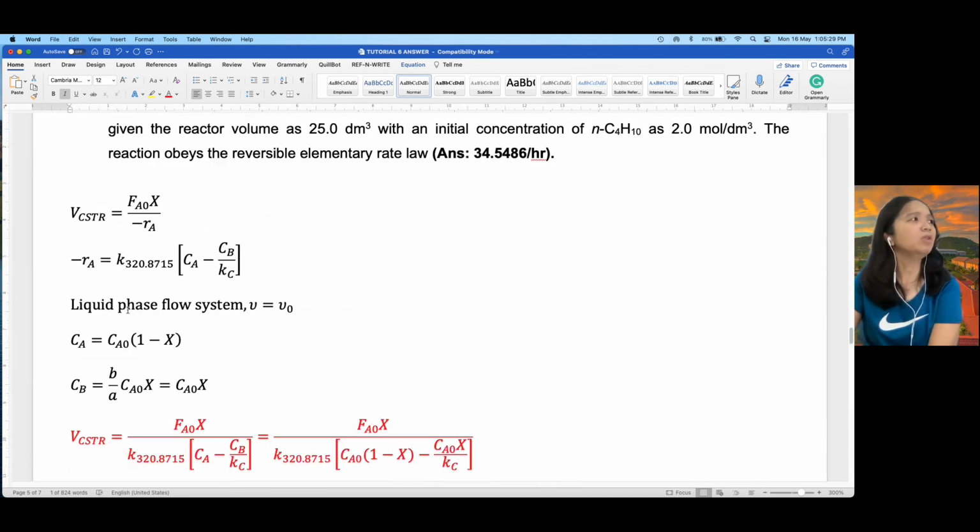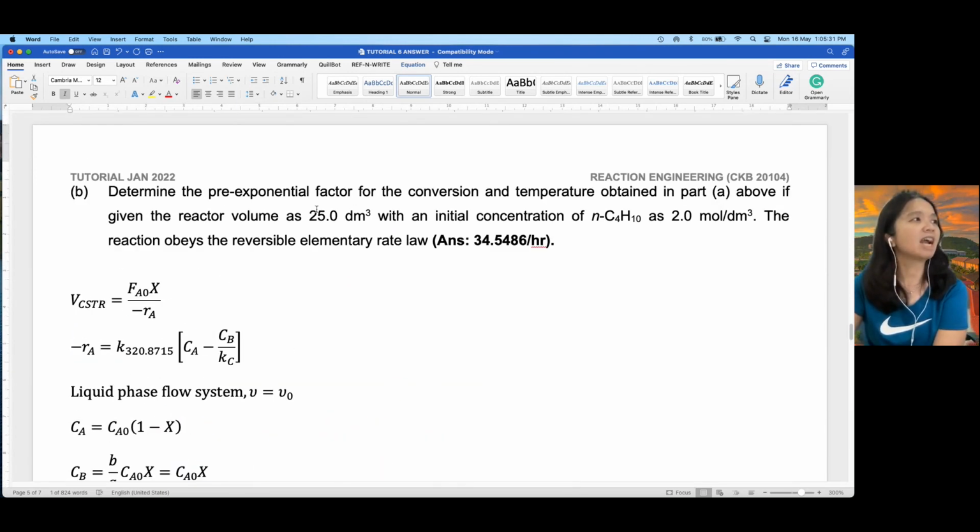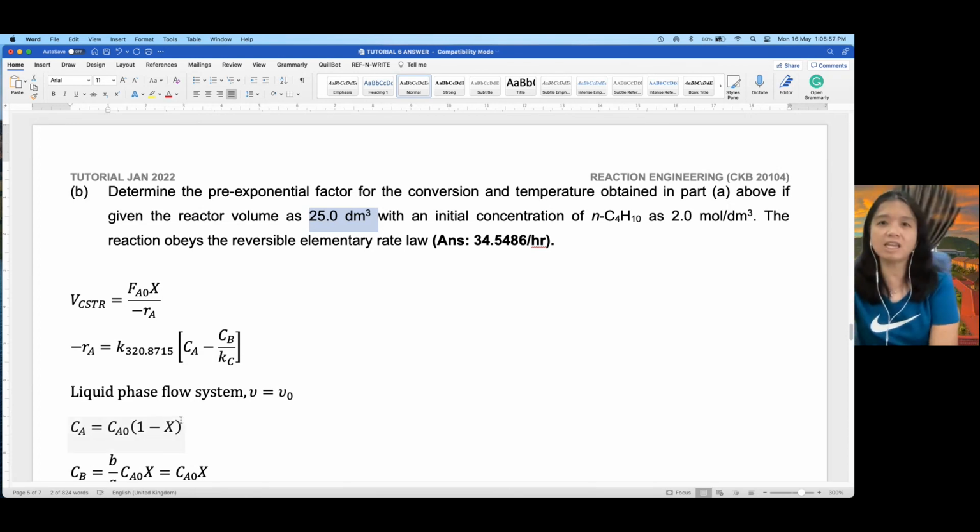However, you can see that they give us the reactor volume. So you know that in the design equation, which is to find reactor volume, we will have the K there, because it comes from the rate law, the value of K. So meaning to say, if I can solve the design equation, I can actually get my K. Then from the K, I will replace it in the Arrhenius equation to get my A. So the challenge now is how to find the K from the design equation.